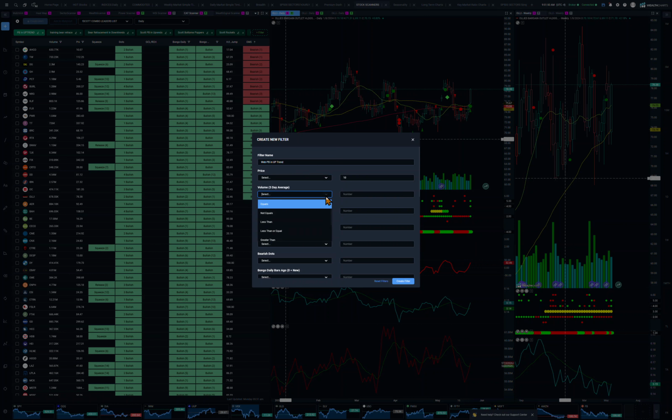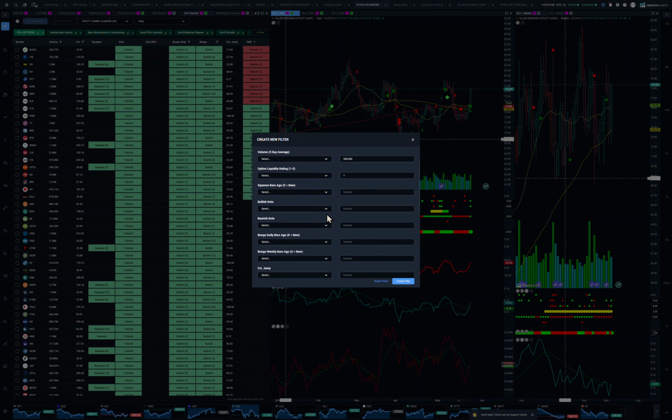I like volume to be at least 500,000 shares. I like options, so I'm going to put greater than or equal to 1 for liquidity. That means they have options. I want at least one bullish dot, so greater than or equal to 1. I don't want any bearish dots, so let's go less than or equal to 0.